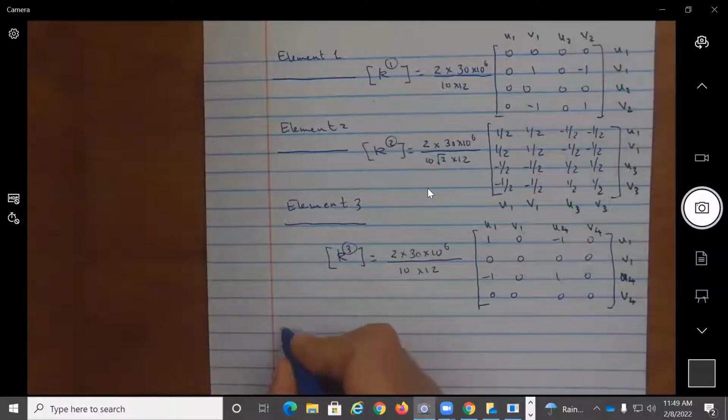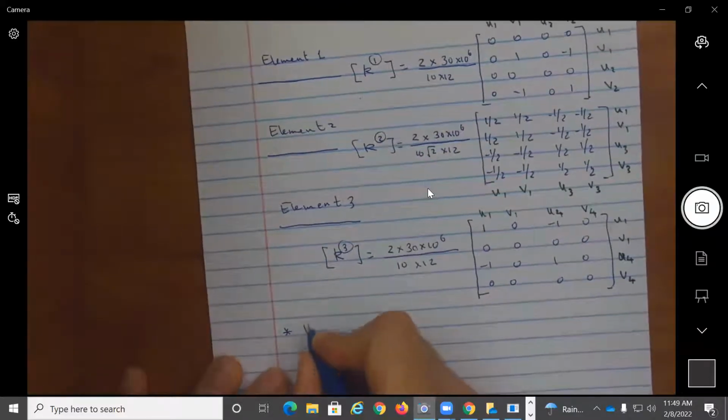And the next step, since I now have all my element stiffness matrices, and remember, we're going through all that to write them with respect to the global axis. So now all 3 element stiffness matrices reference one coordinate system. Now I can use the direct method to assemble them together.